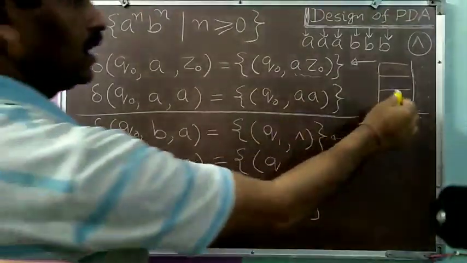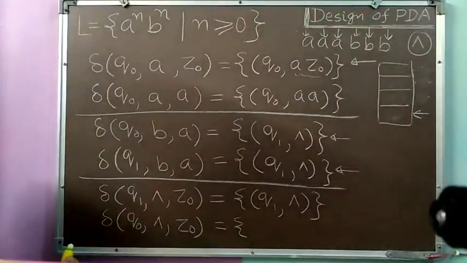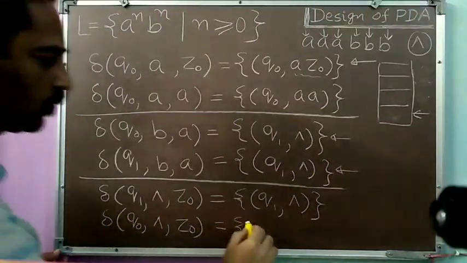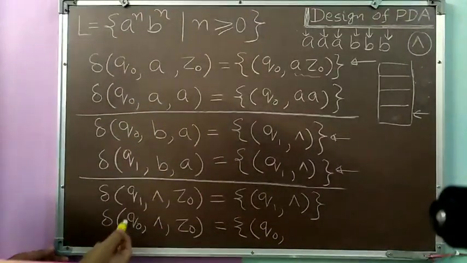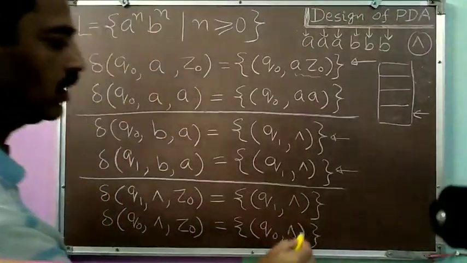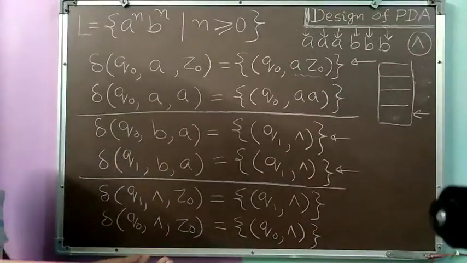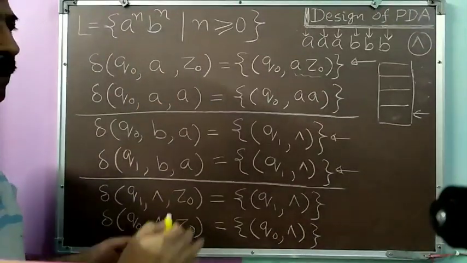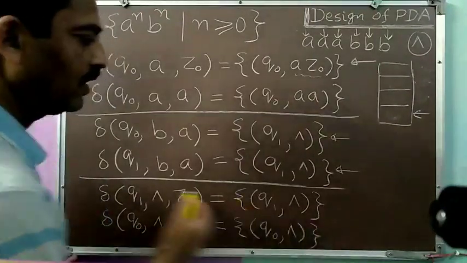Because null is successful, whenever I get null in the initial situation, I have to remove this. So I will remain in the same state, no matter what state it is, and I will write null. Whenever I do this, I will erase the initial pushdown store symbol. Simply my store will become empty and null will get accepted. In this manner, I can get the null accepted.